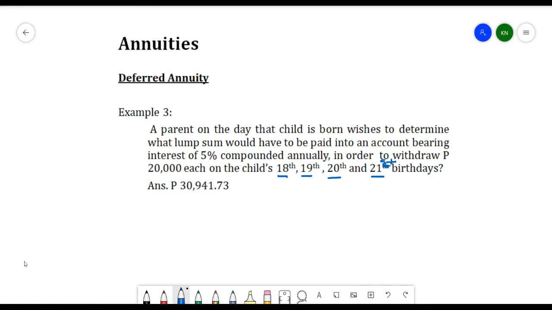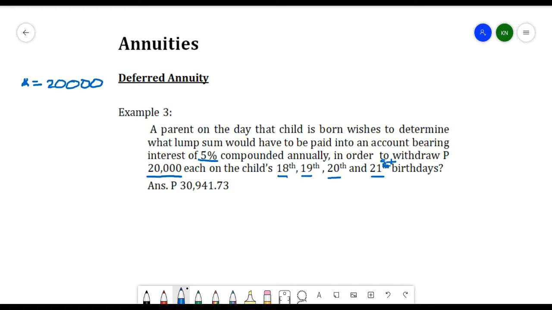And again, that is 20,000 and 5%. So again, we have A as equivalent to 20,000, since that is the amount that we need to withdraw every year from 18 to 21 years.